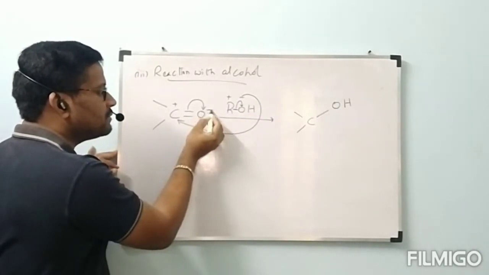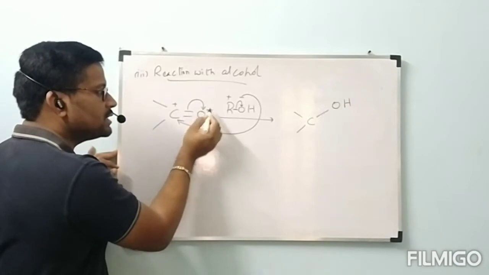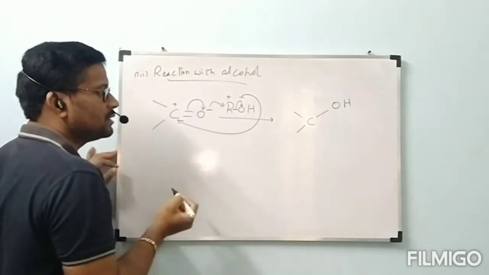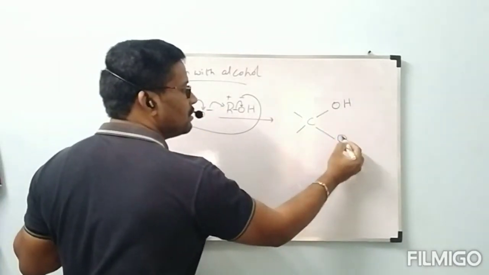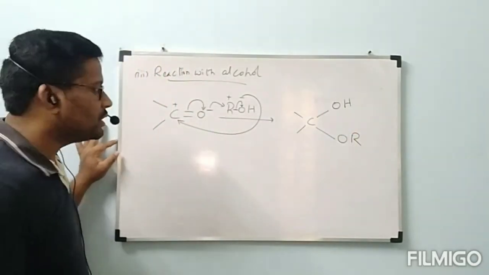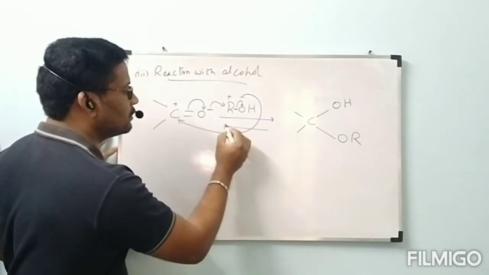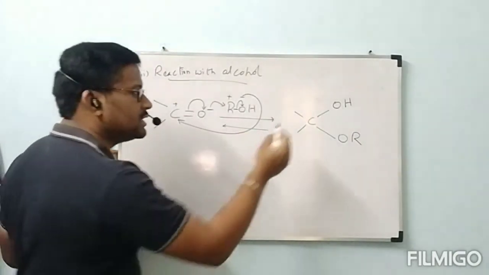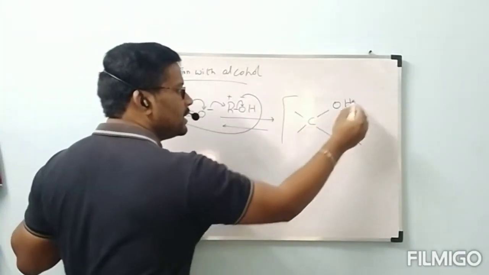The carbonyl oxygen minus will attack R plus to form OR. This is also a reversible reaction. This is called the intermediate.